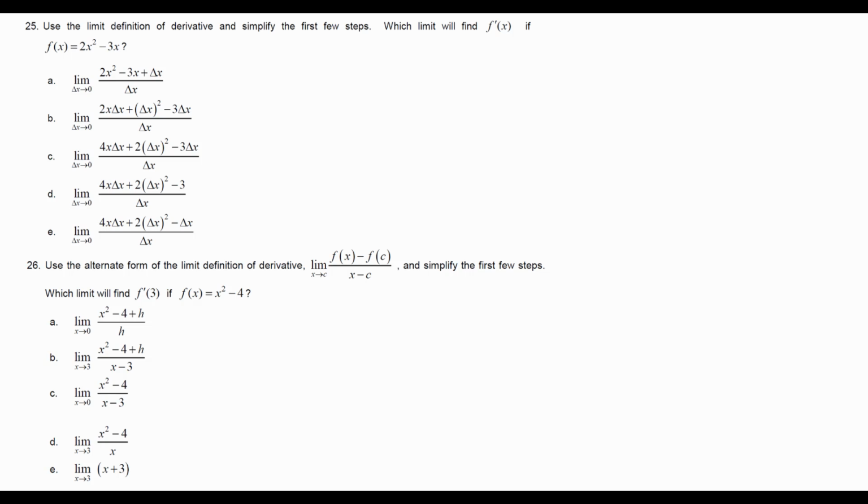So the definition of derivative we just mentioned, and f prime of x is equal to limit as delta x approaches 0 of f of x plus delta x minus f of x over delta x, which is equal to limit as delta x approaches 0 of f of x plus delta x.